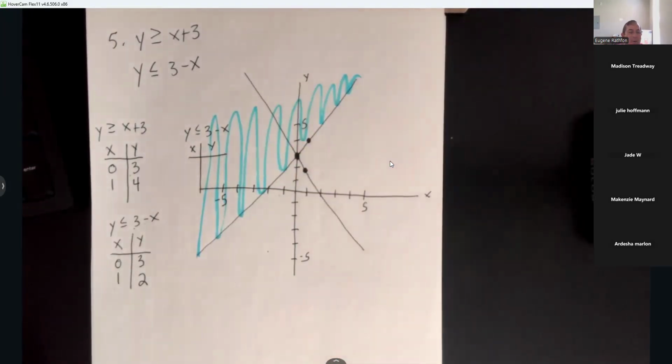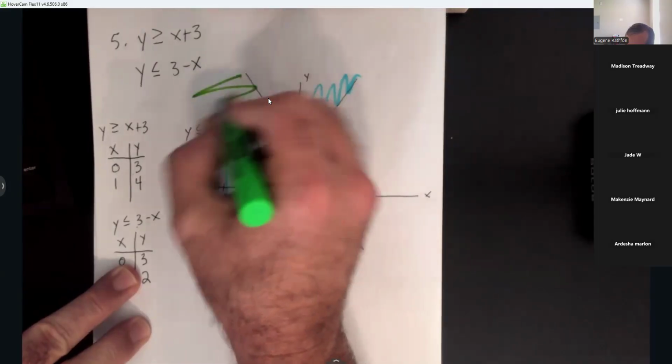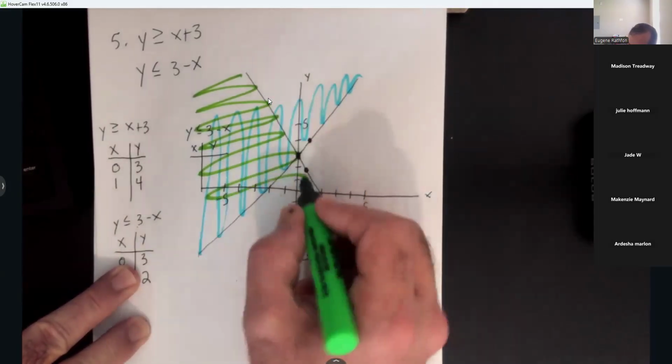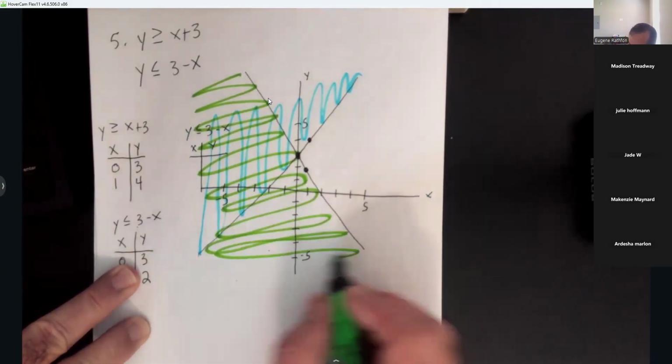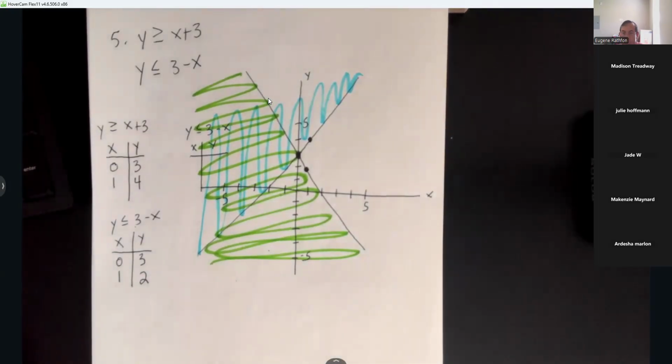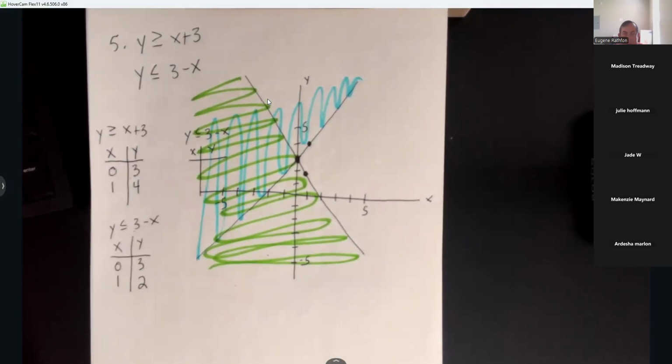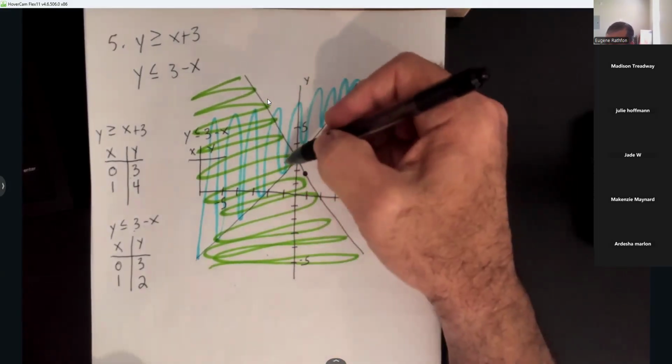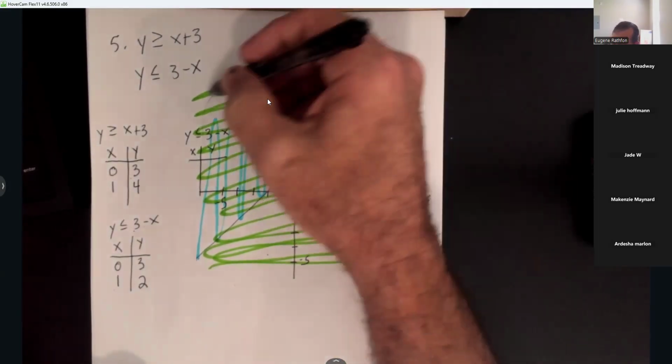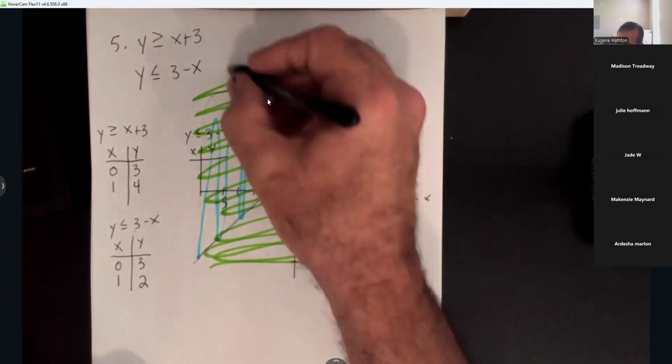The second graph, are you shading it above or below? So we're shading that in below. So that would be below this line. All righty, y'all. So I am double shaded on this left side here.